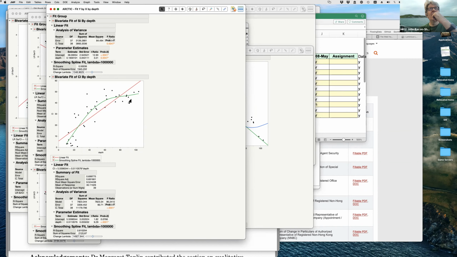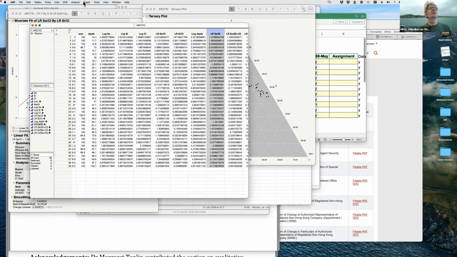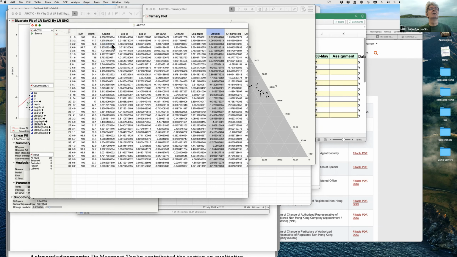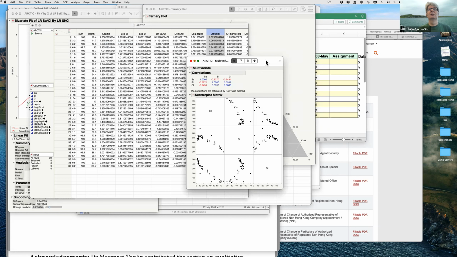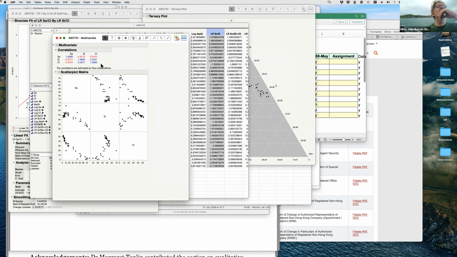Okay? Now, as I said, correlations are also a problem. So if we look at correlations of our data, let's look at the multivariate here. If we looked at the first 3 variables, it gives us our scatter plot matrix and our correlations.